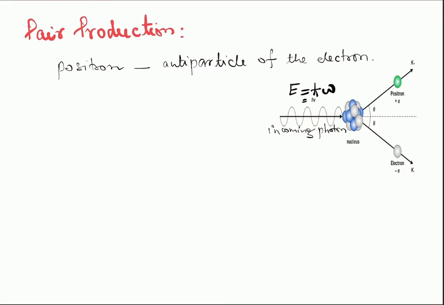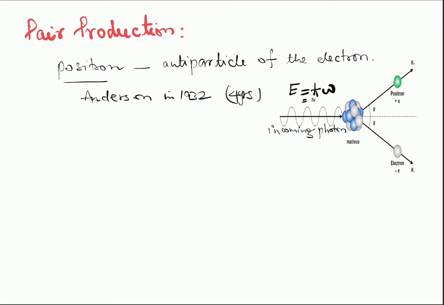This antiparticle has the same mass as the electron and an equal but opposite positive charge. This positron was later discovered by Anderson in 1930, just 2 years after the prediction of the positron by Dirac.